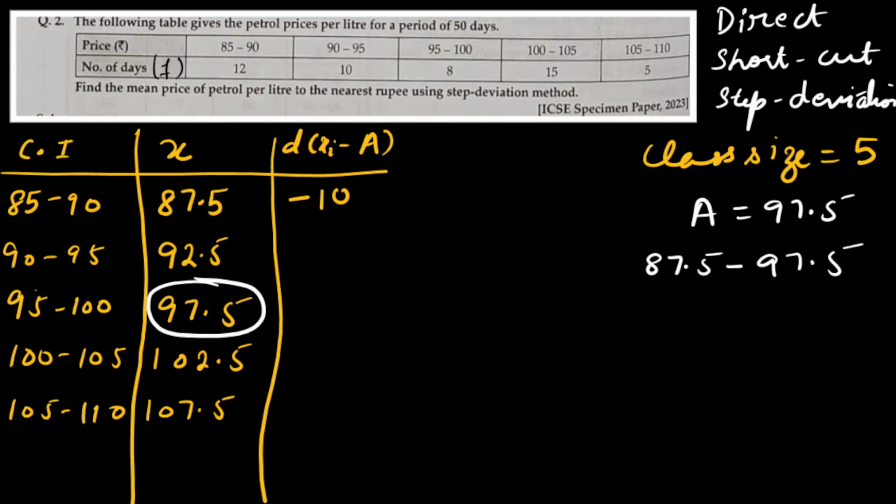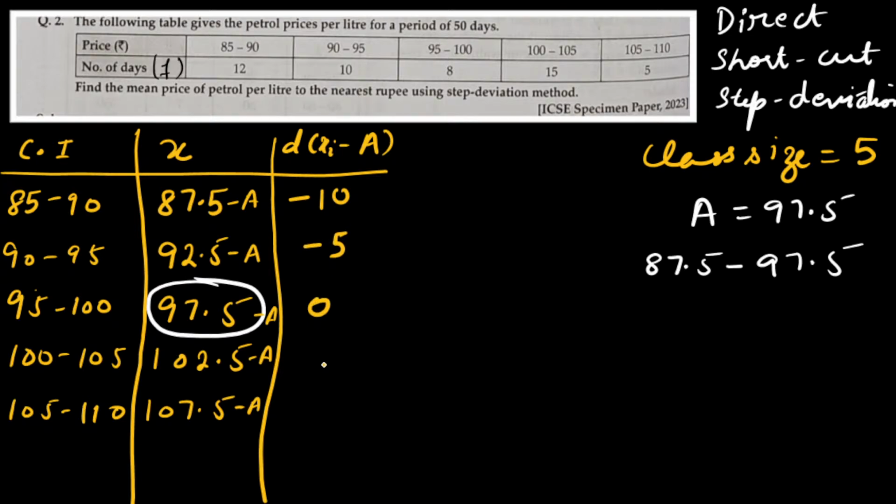Like we did in the previous question in the shortcut method, first of all I am finding the deviation. Deviation is this x minus A. Here also A is 97.5, so from all of the x's you have to subtract A. So 92.5 minus 97.5, you will get minus 5.